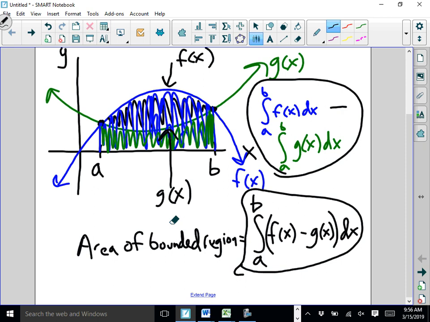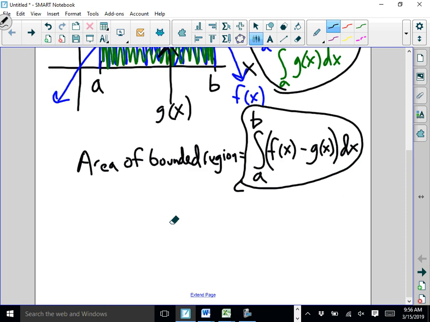What I want you to know is it's not always f of x minus g of x. Here's how I think about this in my head. I think of this as the integral from left to right of top minus bottom.